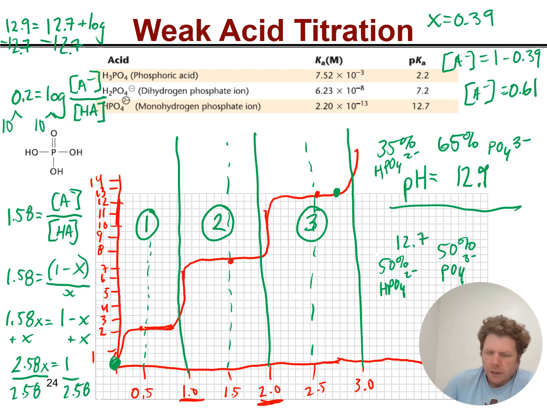Now, a follow-up to this is to think about phosphoric acid. When we're at a pH of 12.9, approximately how much phosphoric acid is there? Oof, that's tricky. We just looked at this and said effectively our deprotonated form was 0.61 or 61%, and our protonated form was about 39%. And the truth is, there's basically no H3PO4. There's basically no H2PO4 minus.